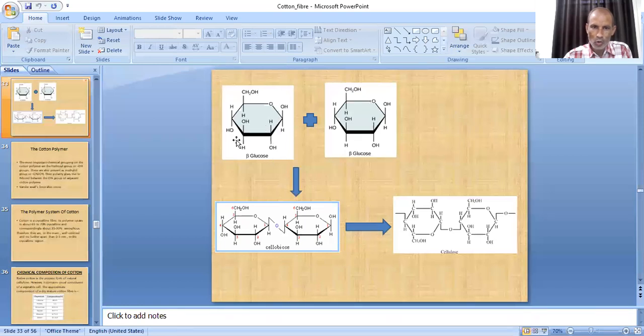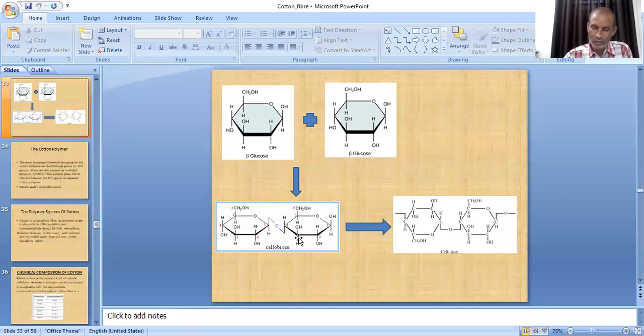So a number of OH groups are present in one beta glucose unit, and another hydroxyl group here in the form of a methylol group. So you can see in beta glucose and finally in cellobiose, a number of hydroxyl groups are present.